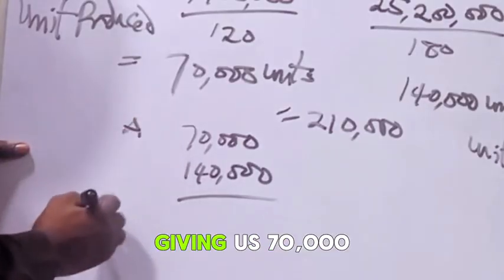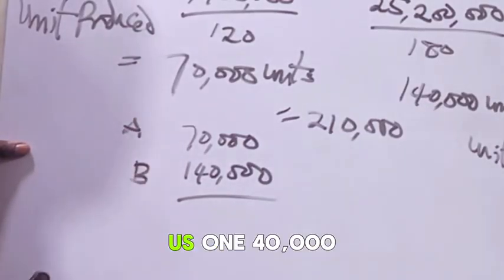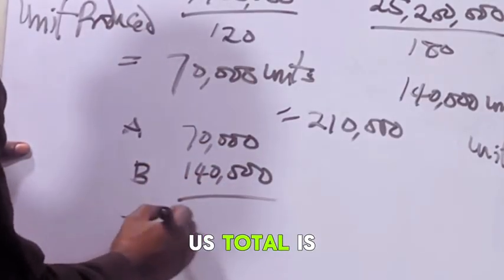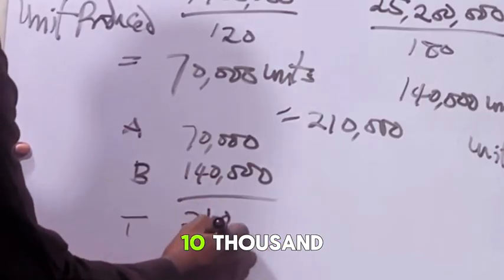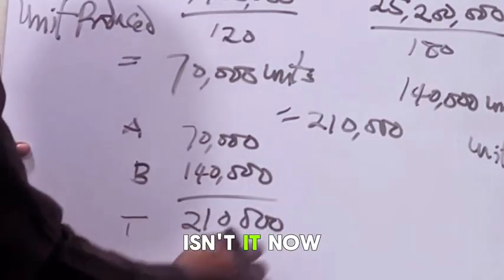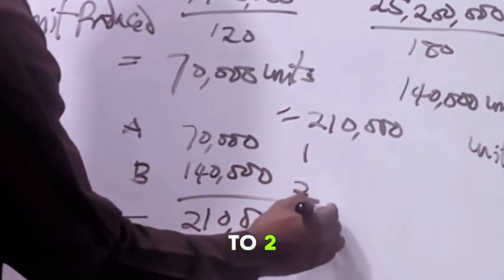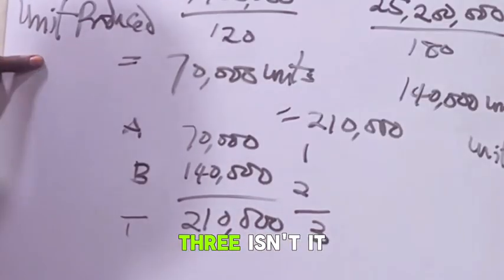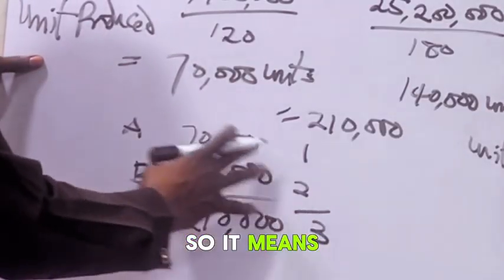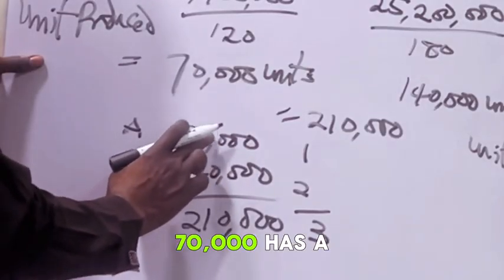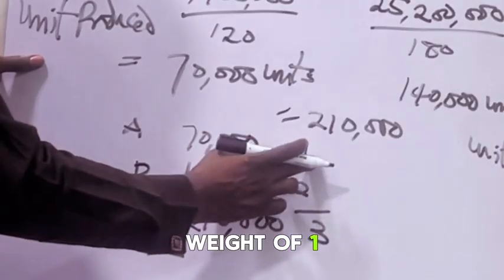So A is giving us 70,000, B is giving us 140,000. The whole of this is giving us a total of 210,000, isn't it? Now, the ratio is going to be 1:2. When you add this, you have 3, isn't it? So it means 70,000 has a weight of 1.